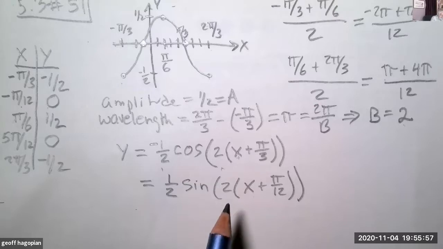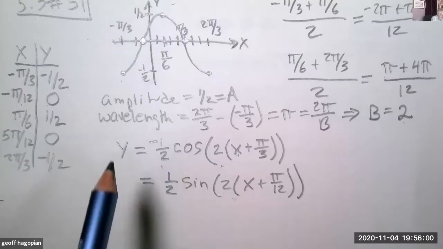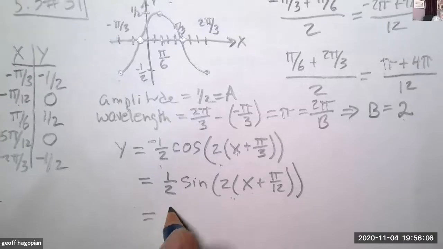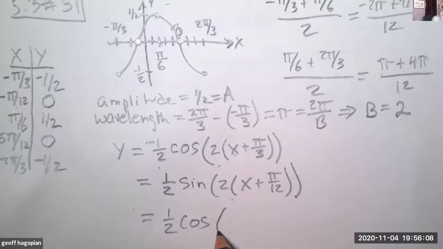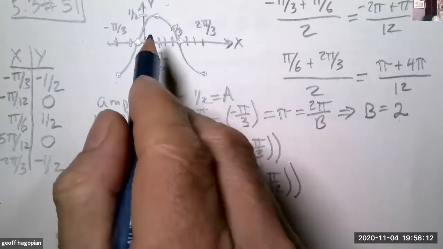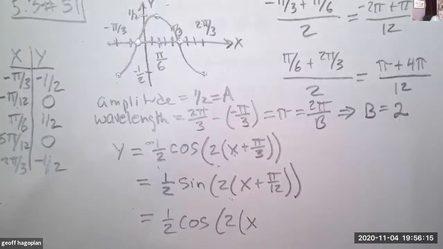I kind of prefer this one. In fact, for the cosine function, I would prefer to start at a peak. And in that case, we'd have 1/2 cosine, b is still 2. But now to get to the peak, we'd shift pi over 6 to the right.